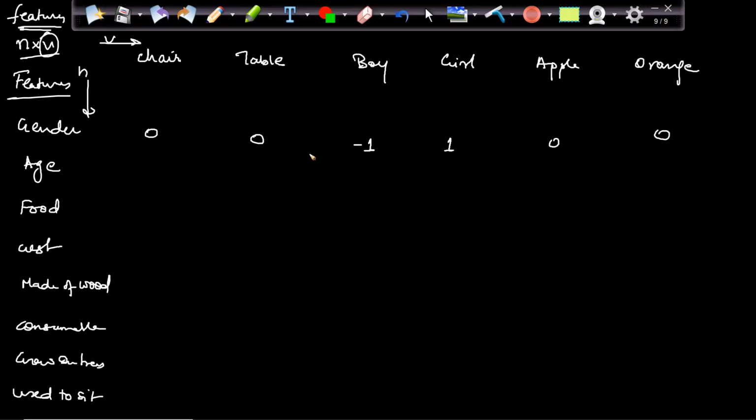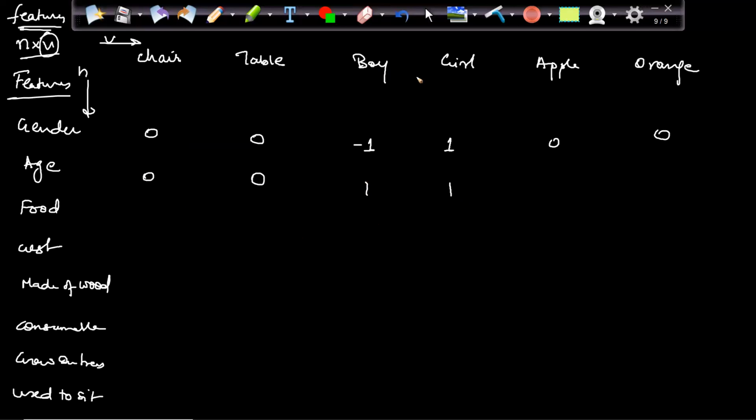Okay, cool. Age. Normally let's assume that a chair does not have any age, right? Normally we say this chair is 4 years old, but that is just a manner of speaking. So let's assume there is no age for table and chair. Boy and girl will have age, so 1 1. So this 1 1 now shows similarity, that these two are of the same type.